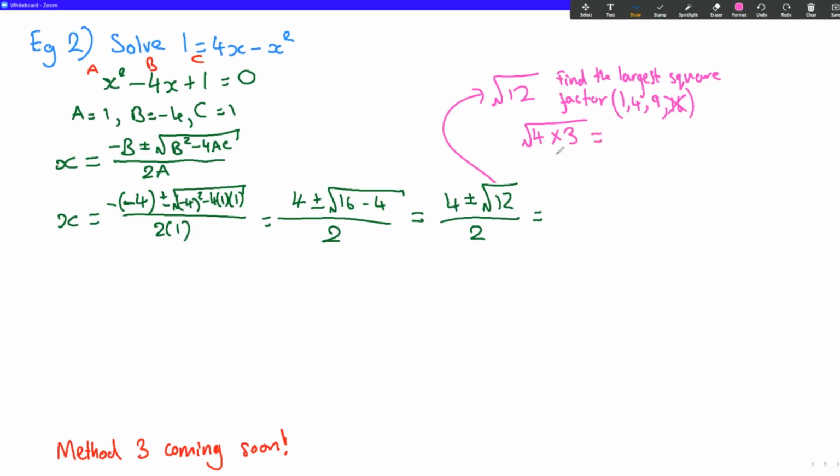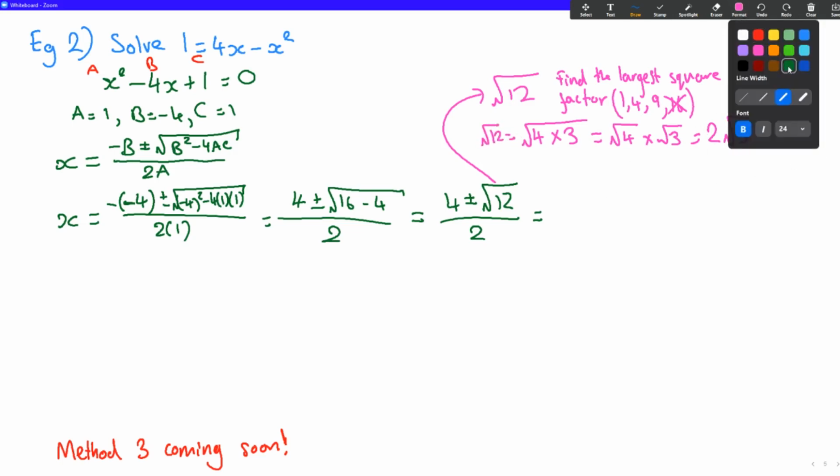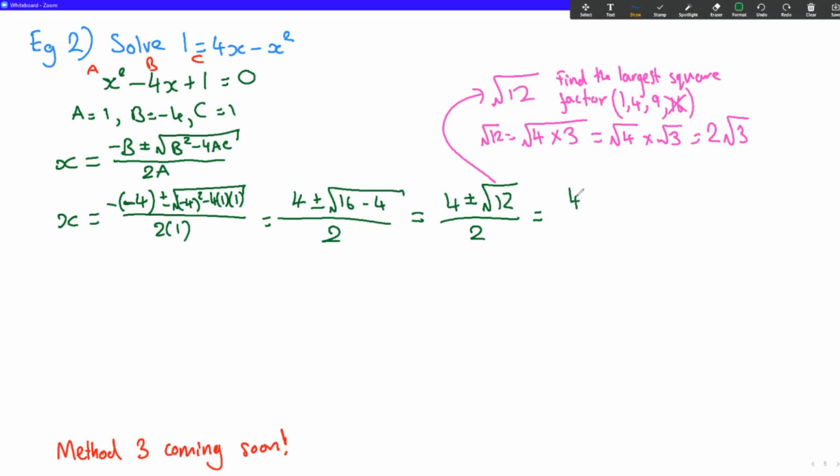And then because of the rules of surds, we can split this up like so. And now we can evaluate that root 4 to just give 2 root 3. So we know that root 12 equals 2 root 3. So if we go back to our question, we can substitute 2 root 3 over 2.